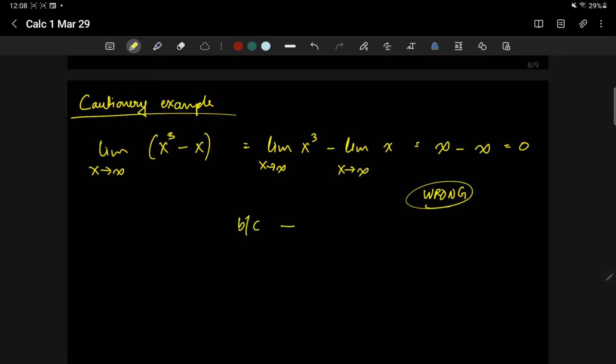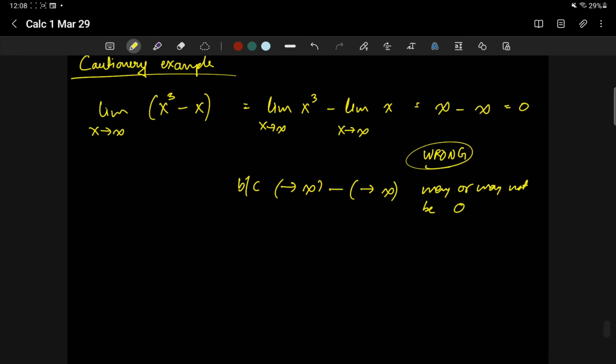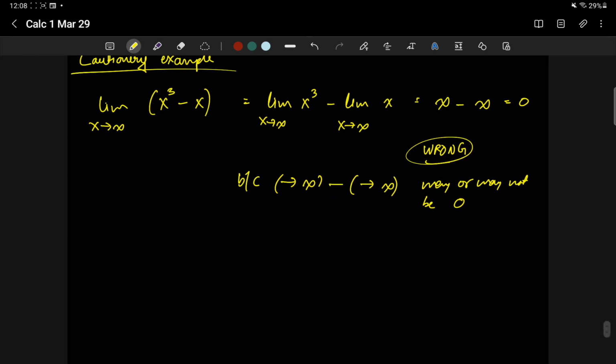Because anything going to infinity minus anything going to infinity may or may not be 0. It's not always true that it will be 0. This is something that you will see in more detail in Calc 2, where these are called indeterminate forms, and then we have other techniques for drawing conclusions.